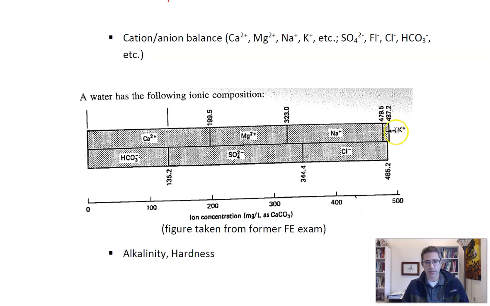We should have the same amount of positive as negative. To the extent we don't, that just means we didn't measure something. There's something else in the water that we didn't measure, like maybe fluoride. There's a tiny bit or something right here that makes up the gap between the positive and the negative. Or just our water quality measurements aren't exact, right? There's some error in them. So that'll always be the case.